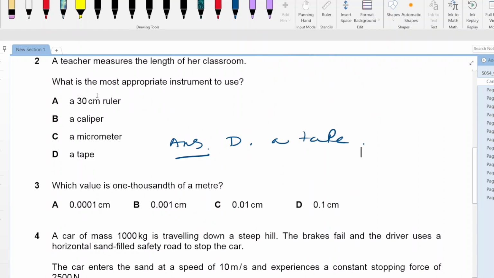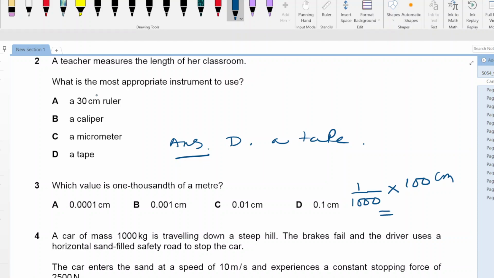Now I am at question 3. Which value is 1 by 1000 of a meter? 1 by 1000 into 1 meter equals 100 centimeter.